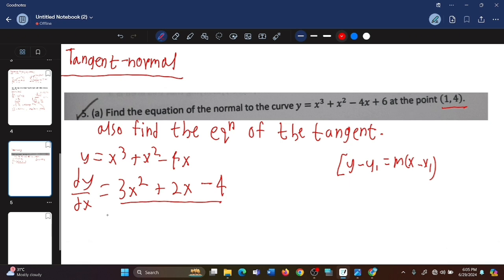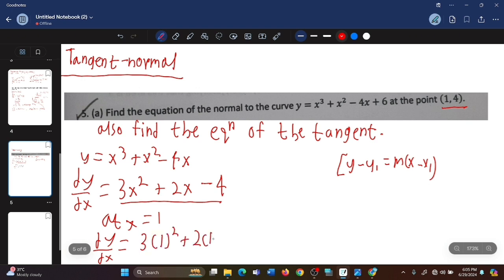So let's do it. At x is equal to 1, dy by dx is equal to 3 times 1 whole squared plus 2 times 1 minus 4. So it becomes 3 plus 2 minus 4, so it becomes 1.